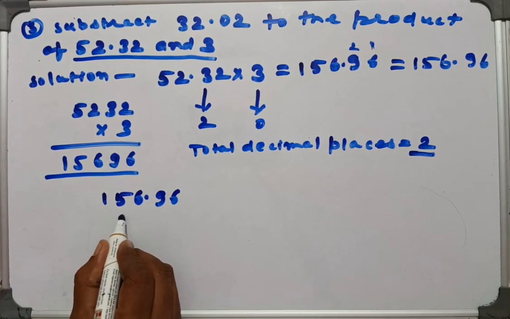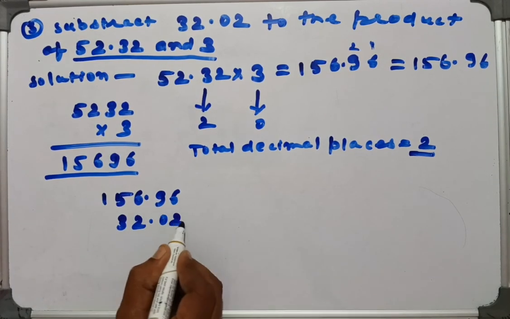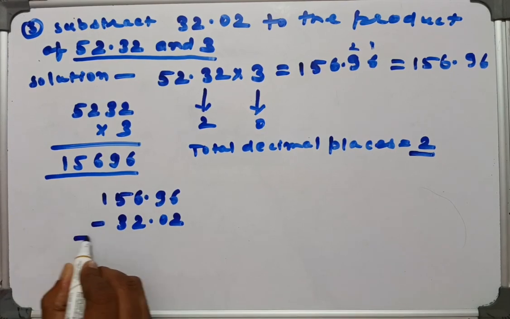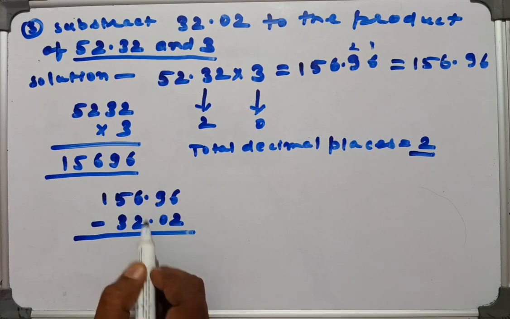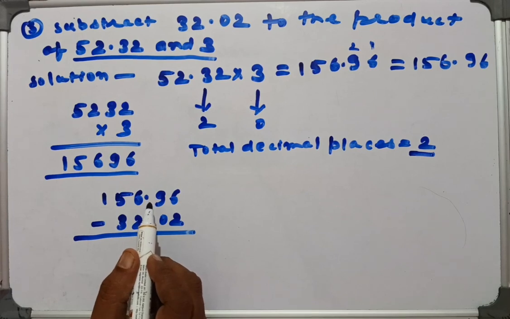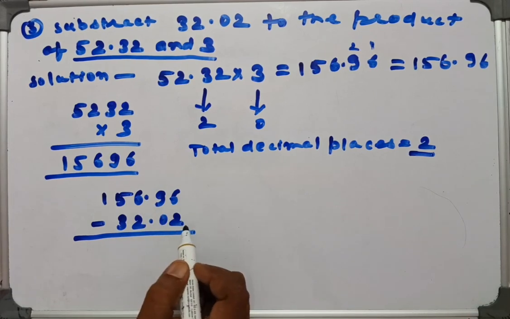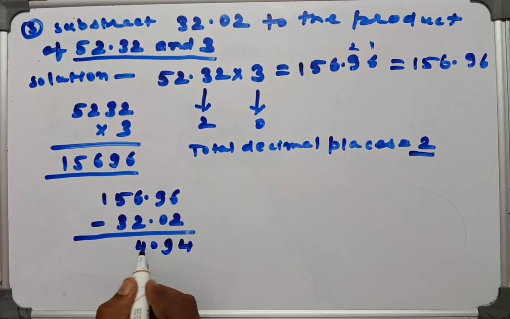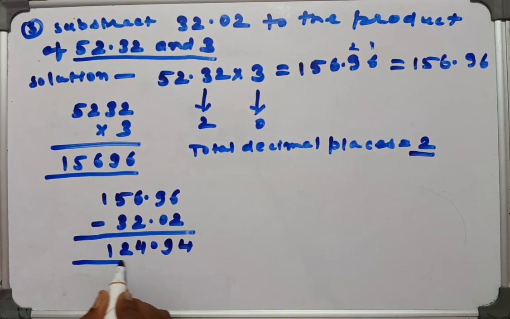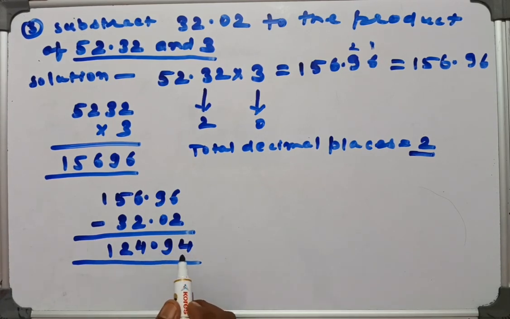See, we write like this, in which the dots are aligned, or you can say they are in one column. 6 minus 2 equals 4, 9 minus 0 equals 9, then the dot, then 4, then 2, then 1. So our final solution is 124.94.